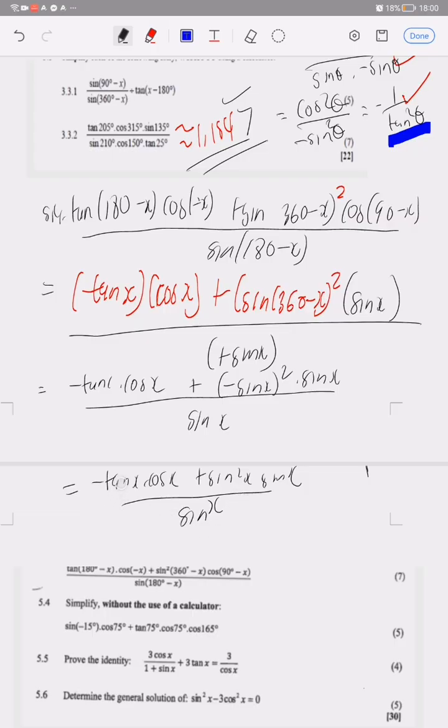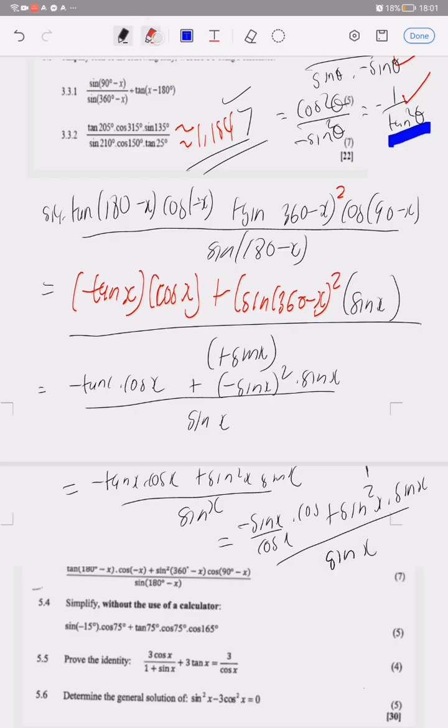I can now change. This one becomes negative sine x times cos x over cos x, plus sine squared x over sine x.